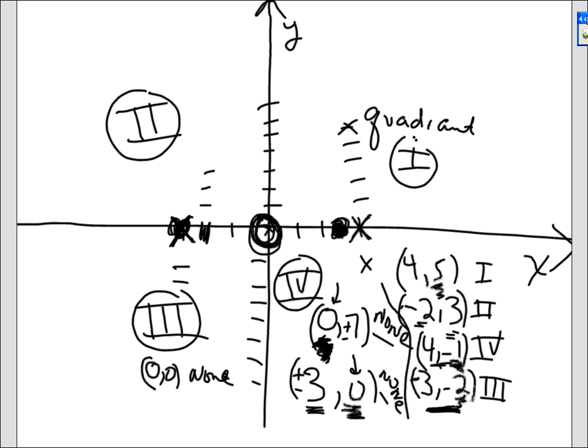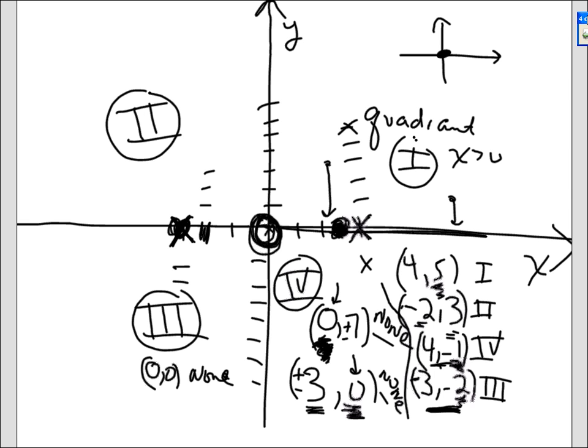Because that, let me redraw the axes again, say right here. (0, 0) is both on the x and the y axis. If you're on any of the axes, you are not in a quadrant. In quadrant 1, the x is positive, because if I look down to the x-axis, it would be positive numbers.